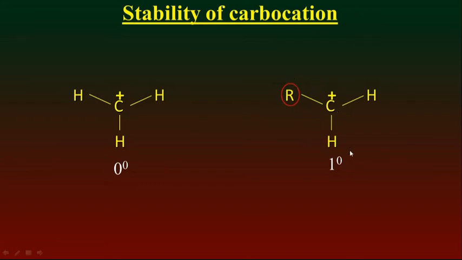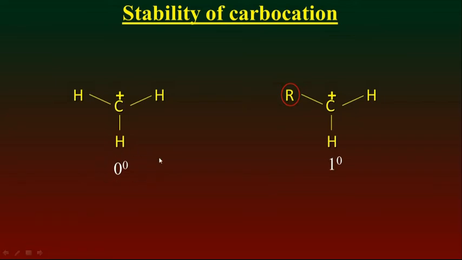So in case of 1 degree carbocation, this positive charge will be neutralized, so it nearly gains an octet filled condition as compared to 0 degree carbocation.